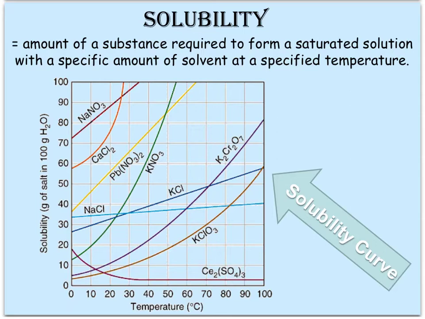So at 50 degrees, potassium chromate is saturated with 30 grams. If we have more grams than 30, that would be a supersaturated solution at 50 degrees. If it was less than 30 grams at 50 degrees, that's below the line, and that is called unsaturated.